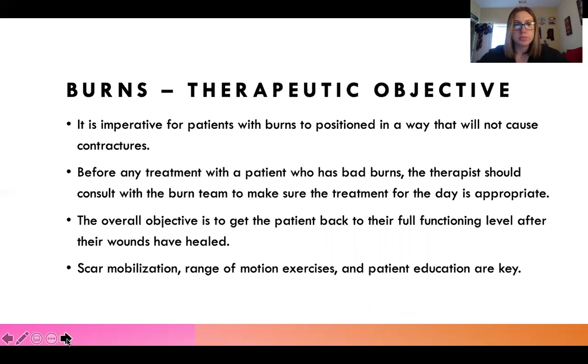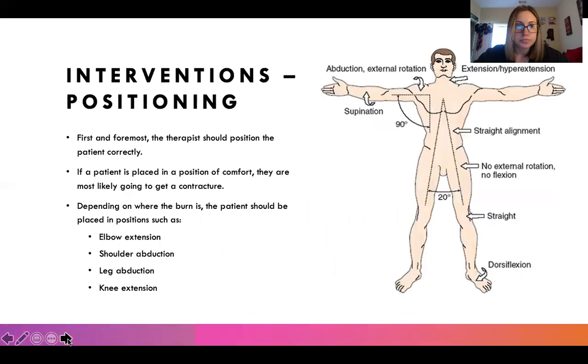So some therapeutic objectives. First and foremost, the patient with severe burns needs to be positioned in a way that will not cause contractures. It's usually not a position of comfort. Also, the therapist should consult with the burn team to make sure there are no other issues that need to be talked about or are a concern.